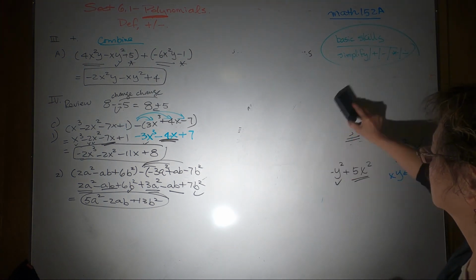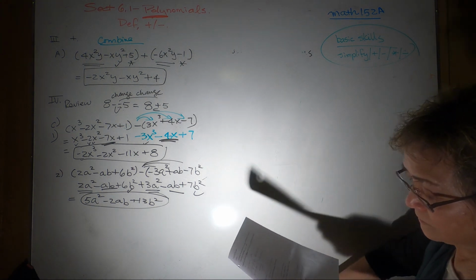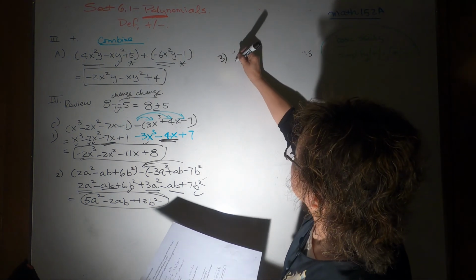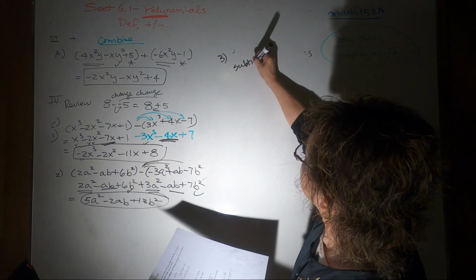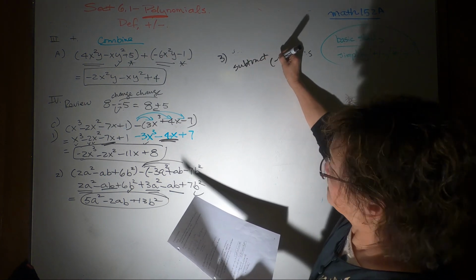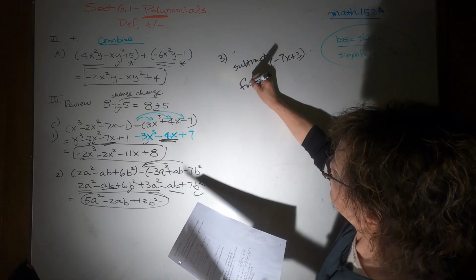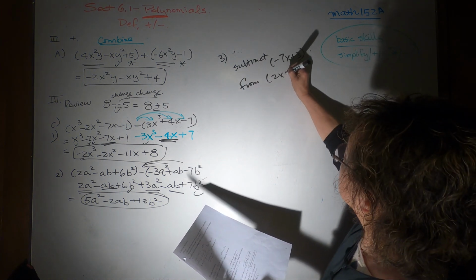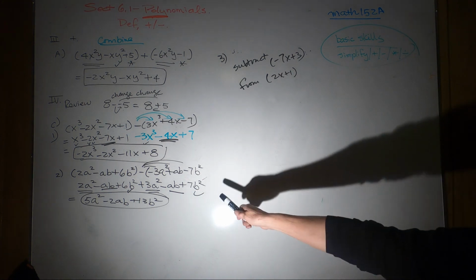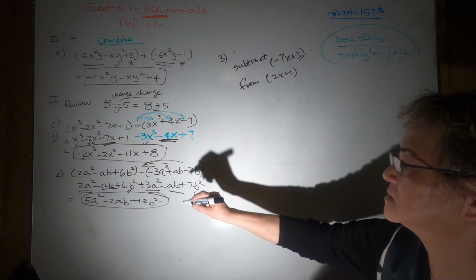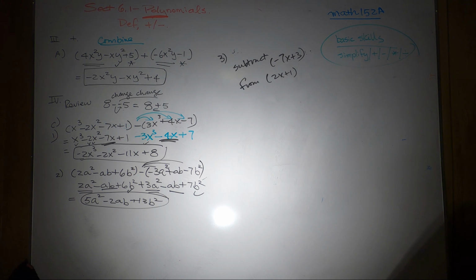Okay, one more. Here say, subtract this, -7x plus 3, right? From this. So you need to write horizontally like those, right?